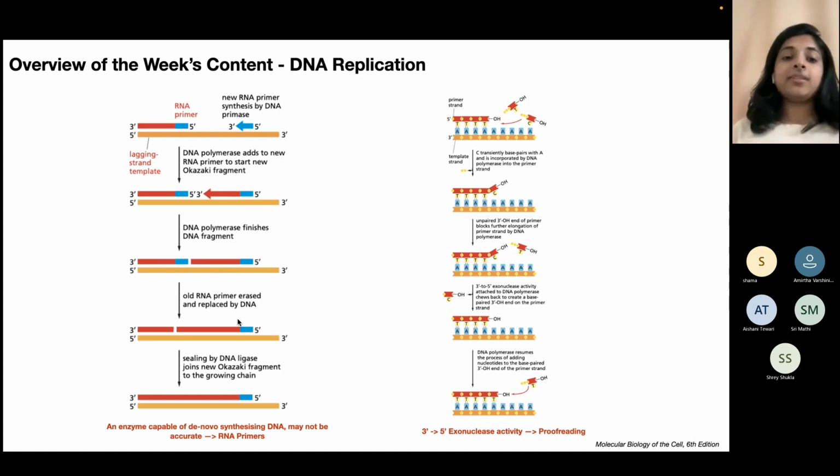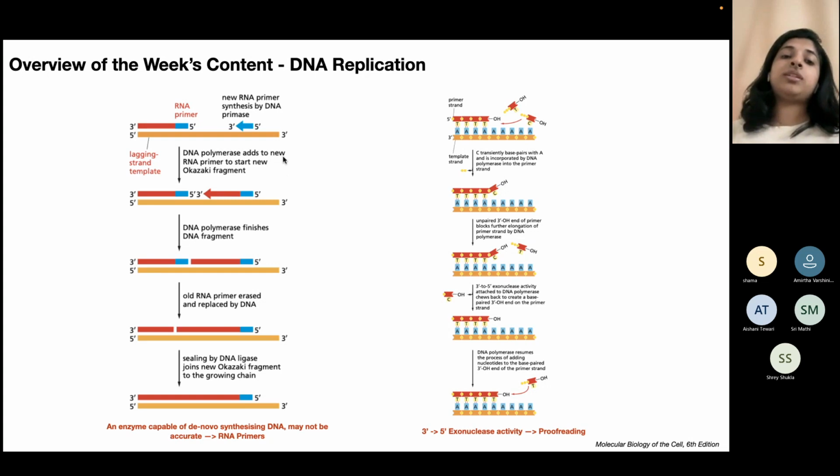final daughter strand. And this is because if an enzyme is capable of adding strands de novo to a template, as in if it is not just extending, if it is capable of adding the first nucleotide to the template, then it is known that it is often inaccurate.